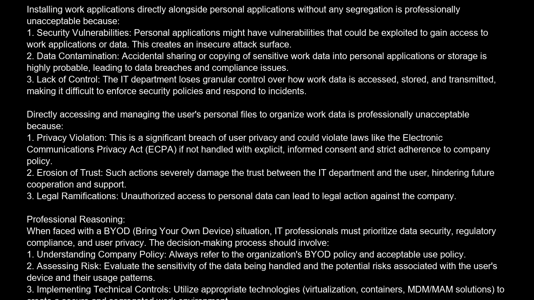Implementing technical controls. Utilize appropriate technologies, virtualization, containers, MDM/MAM solutions, to create a secure and segregated work environment. 4. User education. Clearly communicate policies and best practices to users regarding the use of personal devices for work. 5. Documentation. Document all decisions, configurations, and user agreements to ensure accountability and facilitate audits.